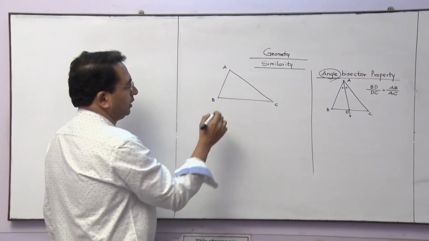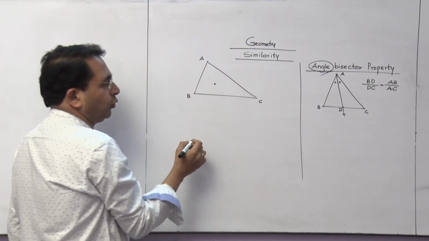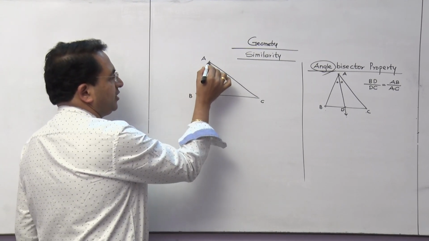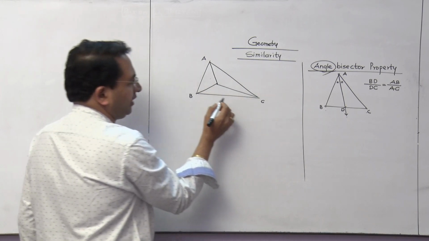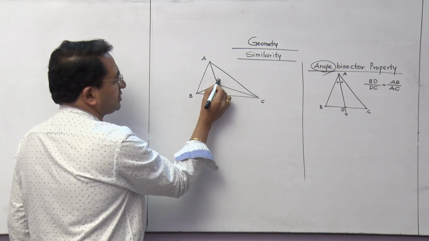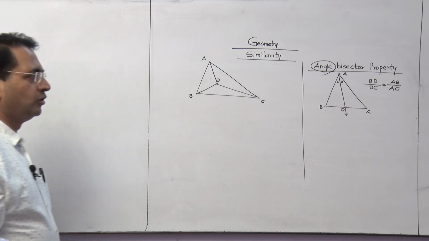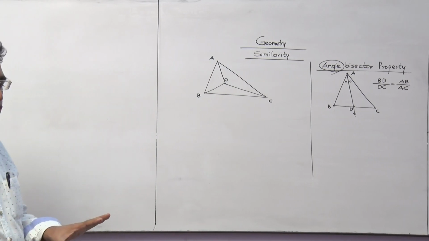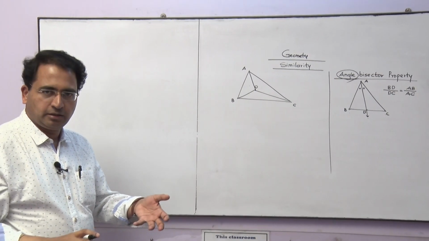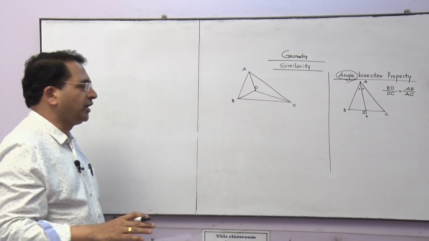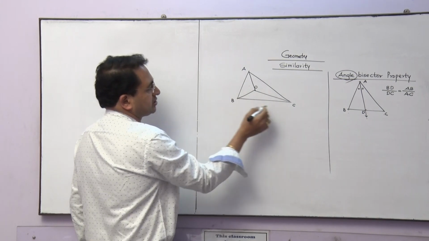I consider this point O. O is not exactly at the center, it is any point in the interior. If it is joined with all the vertices, different triangles are created. We have joined that point with the vertices.